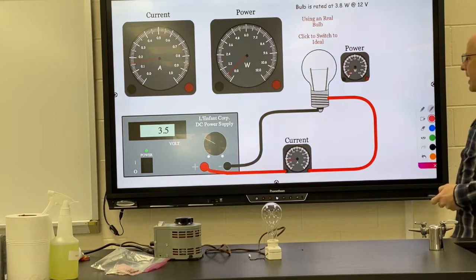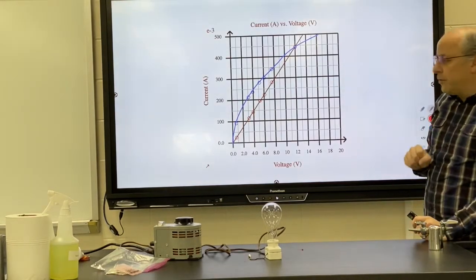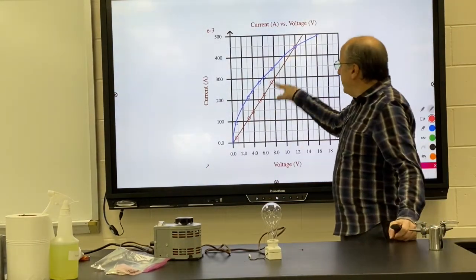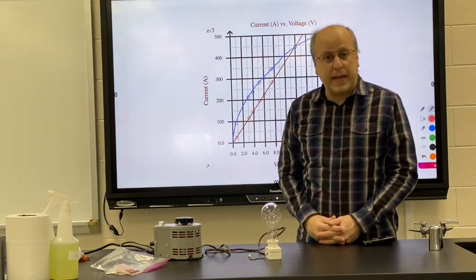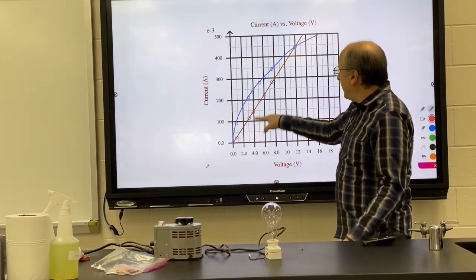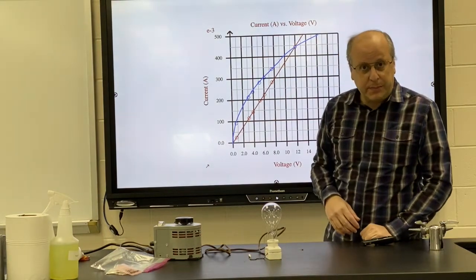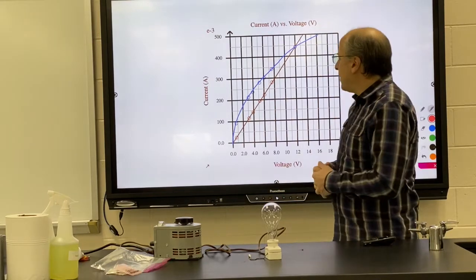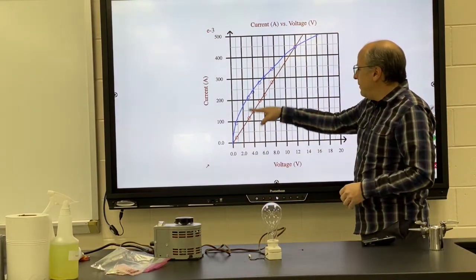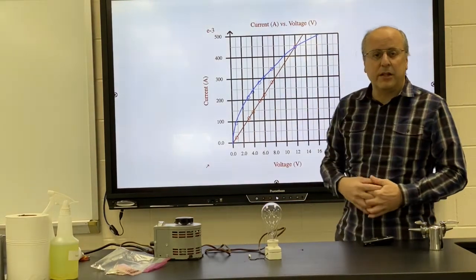Okay, so again, we ran our experiment and we got 2 different graphs. The red one is ideal circumstances, like we would have thought of last year. This is a perfect Ohm's Law relationship, where when we double the voltage, we double the current. The problem is, in real life, that's not how it's going to look.